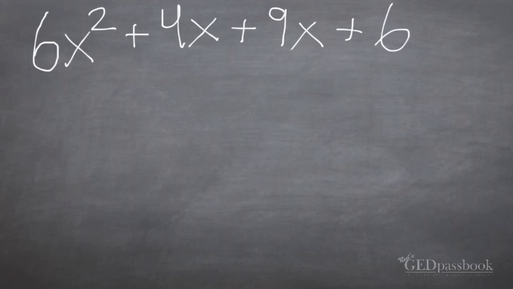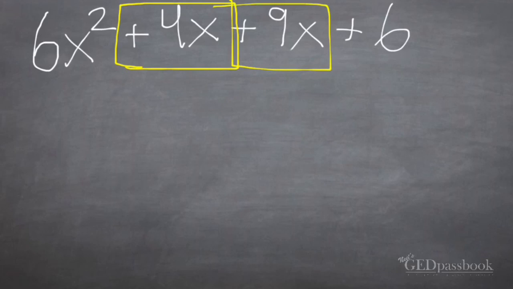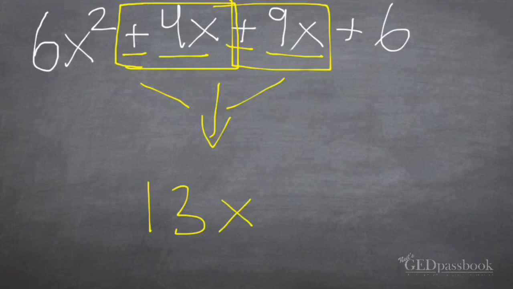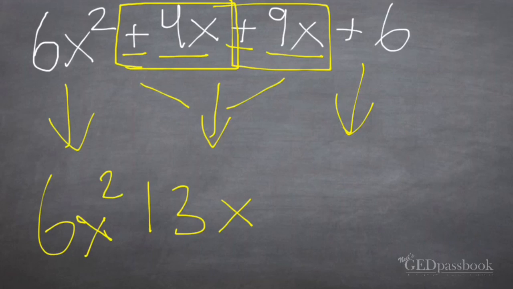Combining like terms, right? This is 1, and this is 1. Positive 4x plus 9x becomes 13x. All you're doing is simple addition there. All you do is simply combine like terms. You have to spot that, right? The rest we haven't touched. The rest can't be done with anything involved with it.